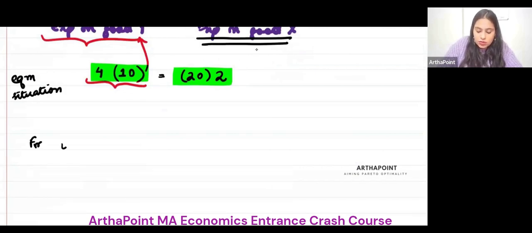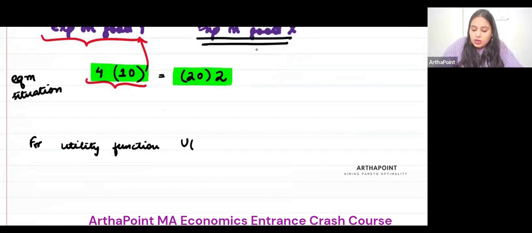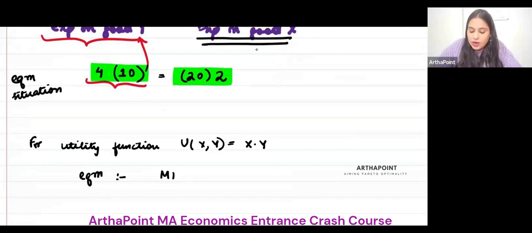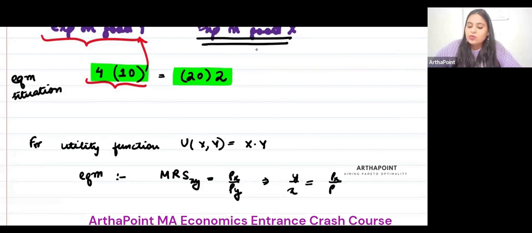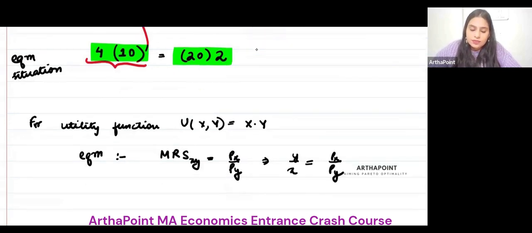For utility function U(X,Y) equal to X into Y, equilibrium. What was equilibrium? When I equated MRS to PX by PY, it gave me Y by X is equal to PX by PY.